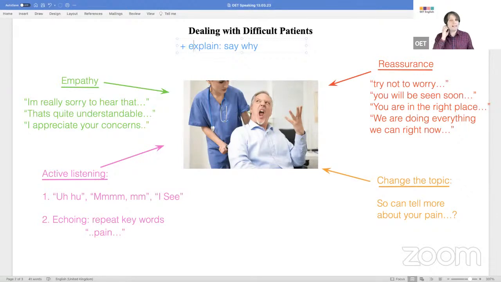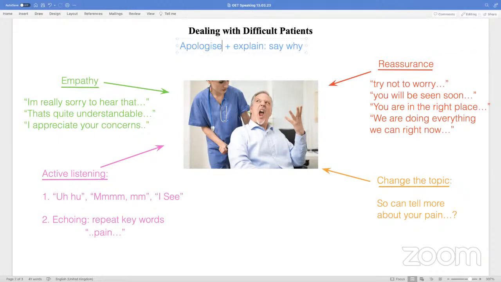Exactly right. And I'm going to add something else on here, Norzad, just because it's more natural, I suppose, to add it. Before you explain, maybe you can apologize a little bit. You have to be very careful with your apology, right? We'll talk about this this week. Obviously, be careful with apologizing, but I think it's not a bad thing in general to apologize. So, Norzad, you could say sorry, but the reason why, something like that.